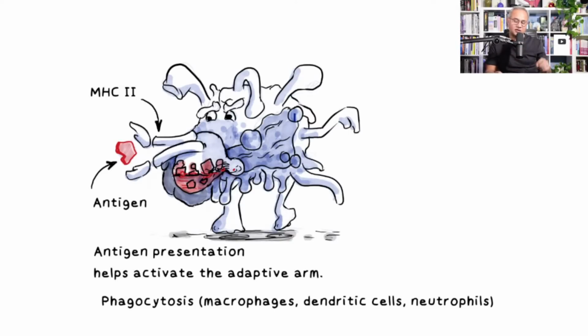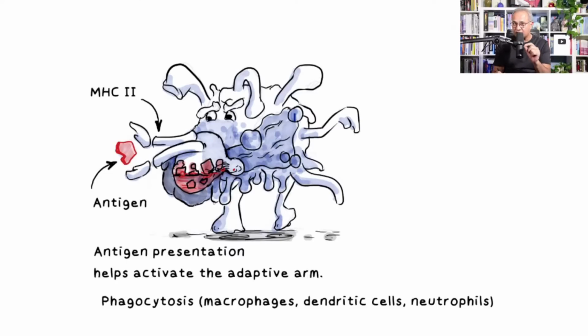Here, in the overview, all we need to say is that these tiny pieces will be loaded on MHC2, and then this MHC2 will be displayed on the surface of the macrophage or neutrophil or the dendritic cell. These cells are called professional antigen presenting cells.